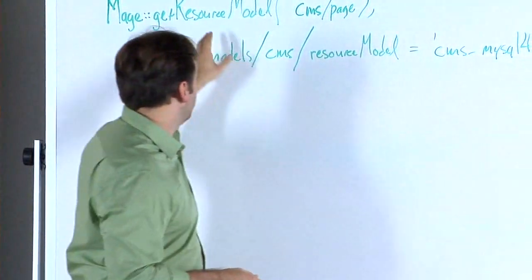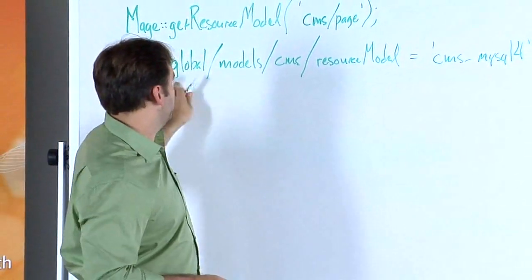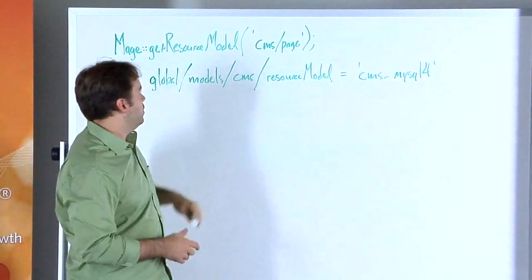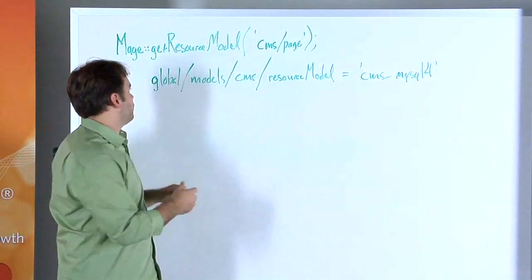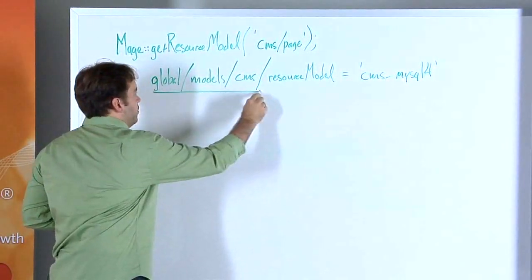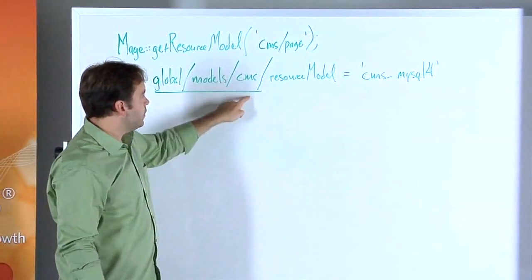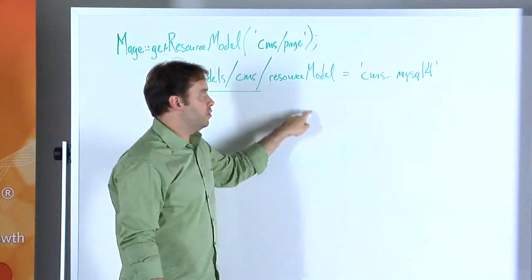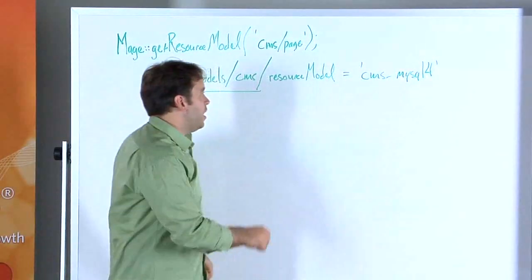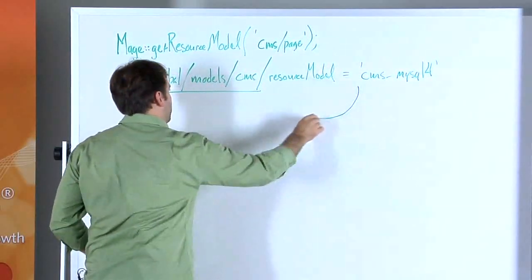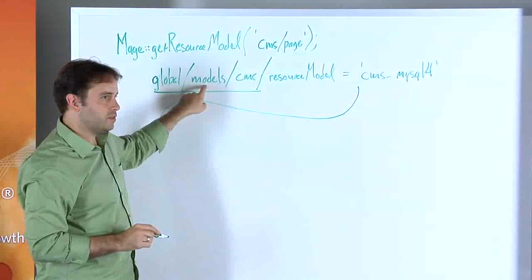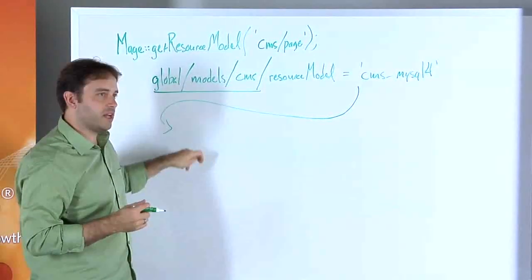Because what happens with get resource model is, first we look here, global, because we have to take CMS. The config object takes CMS, matches it up to here. But then, because we're looking for a resource model, we look in the resource model node, get this string value, and then internally pass that back into another function that we use for models to get the model group class name.